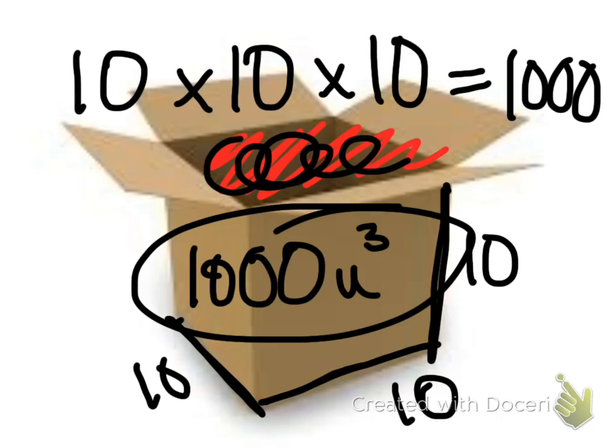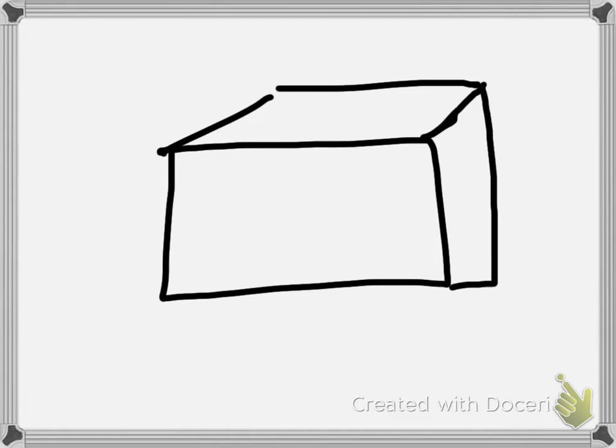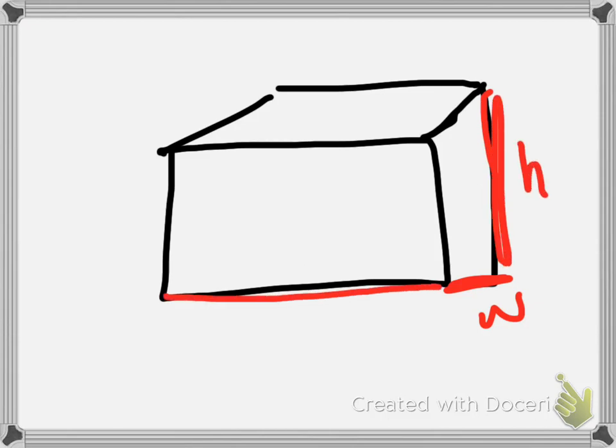Now, say we were dealing with a rectangular shape, such as this, and all the sides are different. Again, to find your width, this is your width, this is your height, and this is your base.